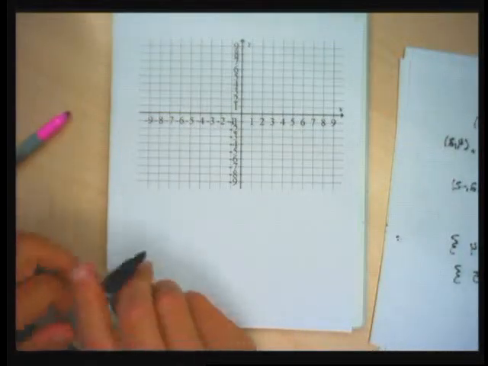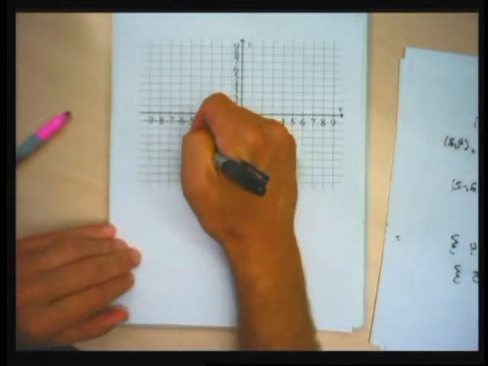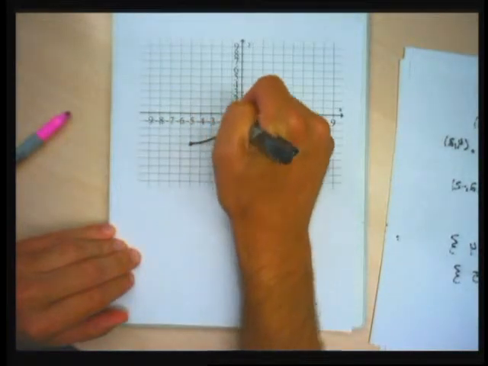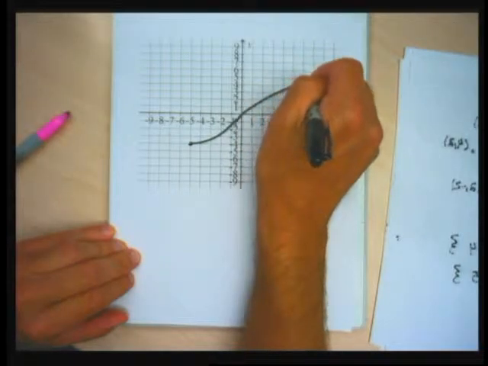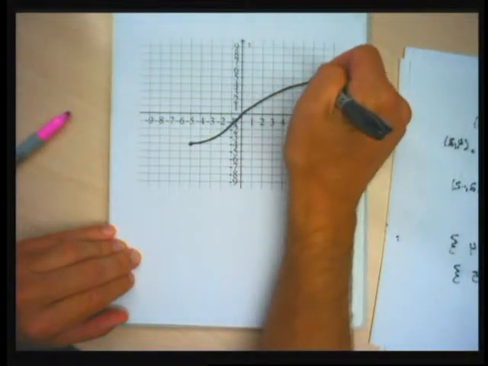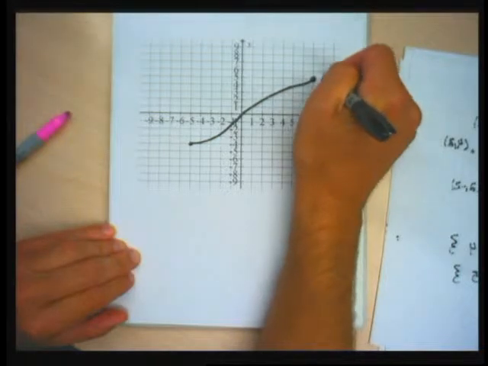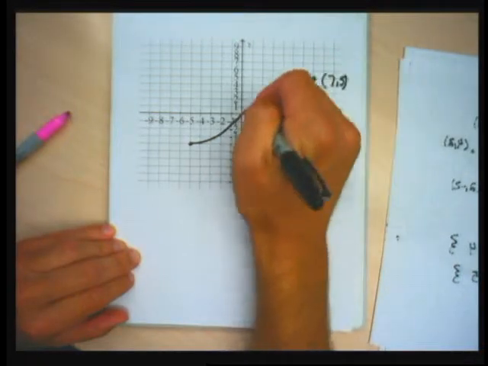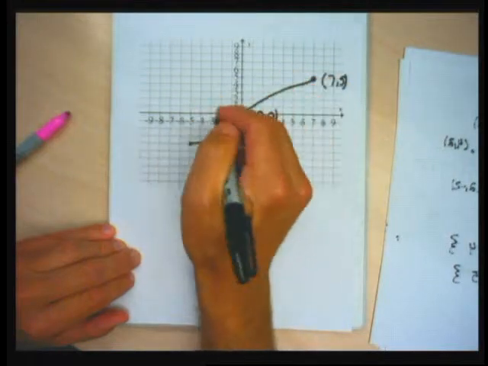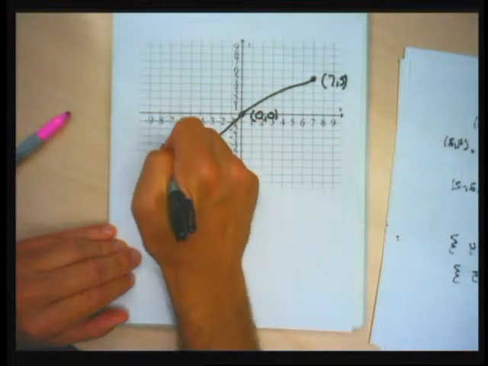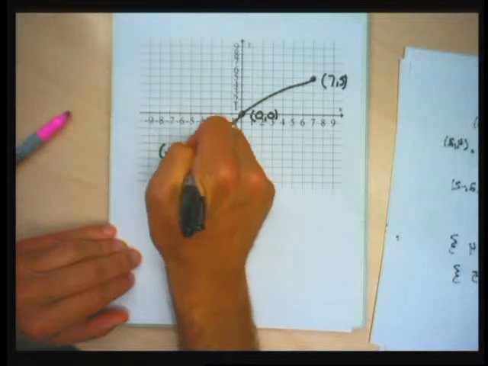So let's do this. So this is the point 7, 5. I'll label this point, and you have to decide if you need it or not. There's the point 0, 0, and here's the point -5, -4.